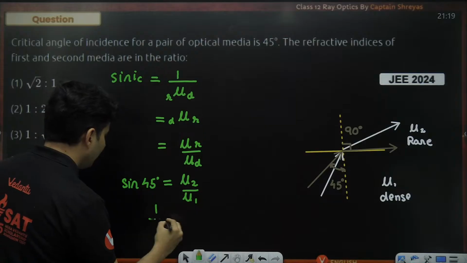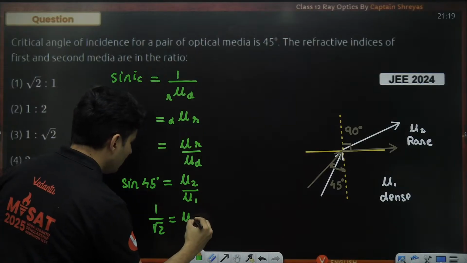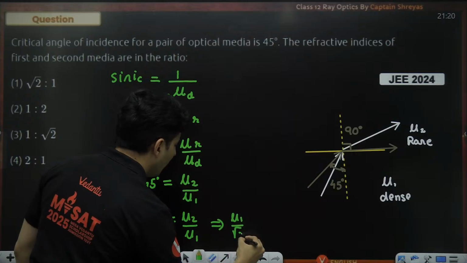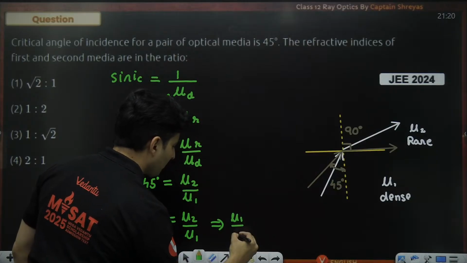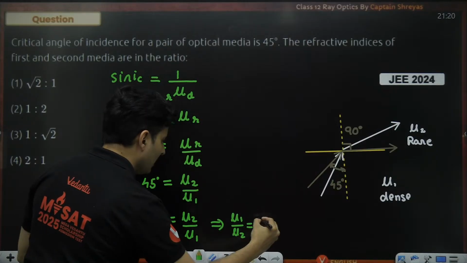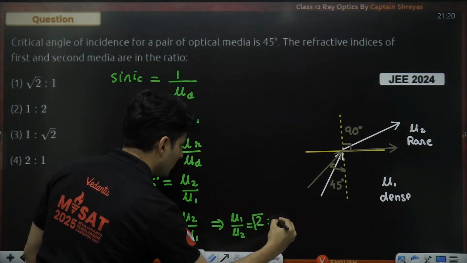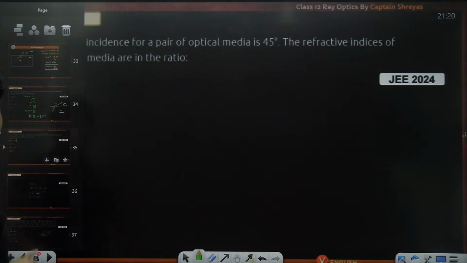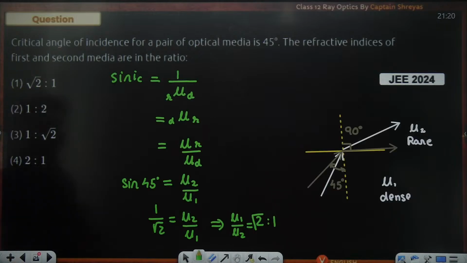So sine 45 is 1 by root 2, is mu2 by mu1. That clearly means mu1 by mu2 will be root 2 is to 1. So root 2 is to 1, which is option number 1. Option number 1 is the correct answer.